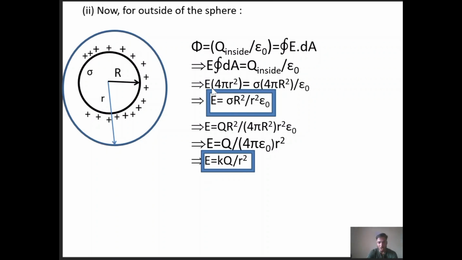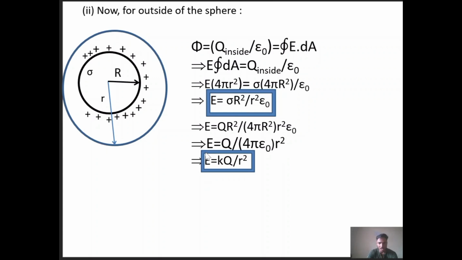Now we can modify this formula by substituting sigma equal to total charge divided by total area of this sphere. So Q into capital R square divided by 4 pi capital R square into small r square into epsilon naught. Now this capital R square and capital R square will cancel out each other, and rearranging this formula we get Q upon 4 pi epsilon naught into small r square.